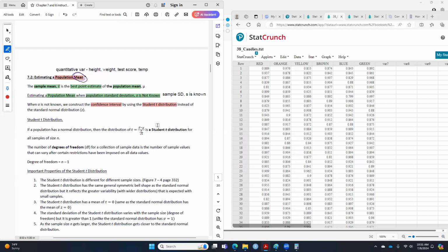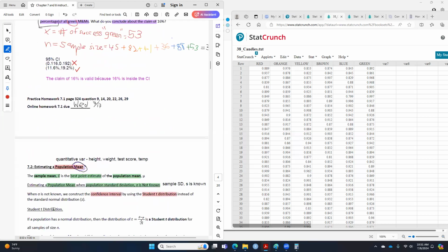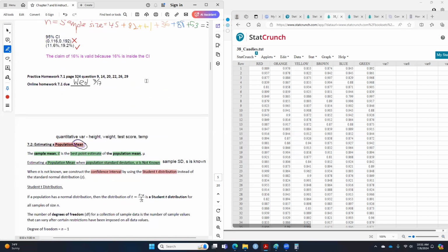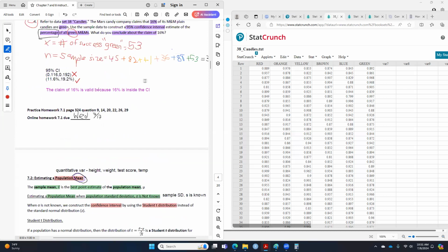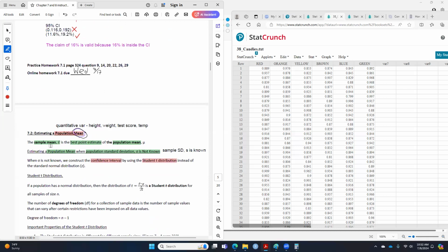Last time in chapter 7.1, in proportion, we used the standard normal distribution Z, the Z score, with mean 0 and standard deviation 1. However, when you find the confidence interval for the population mean, we are no longer using a standard normal Z. We're using a T distribution.